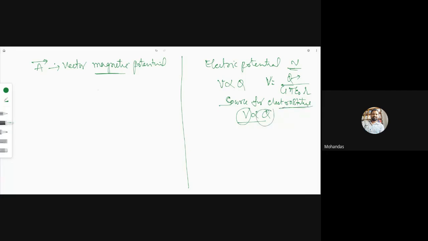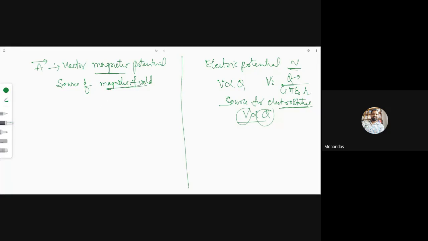Here also you can compare. Can you tell me what is the source of this magnetic field? We already discussed: current.